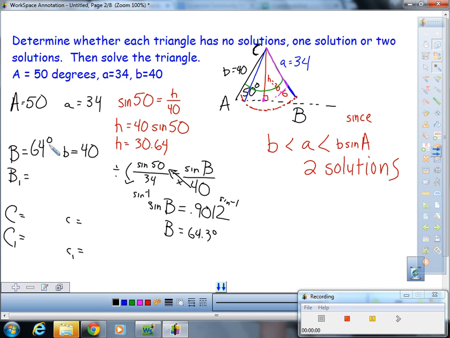So, how can we use that information to find angle C? Subtract from. So we'll do 180 minus 50 minus 64. And what do you get for that? 66 degrees. Okay?